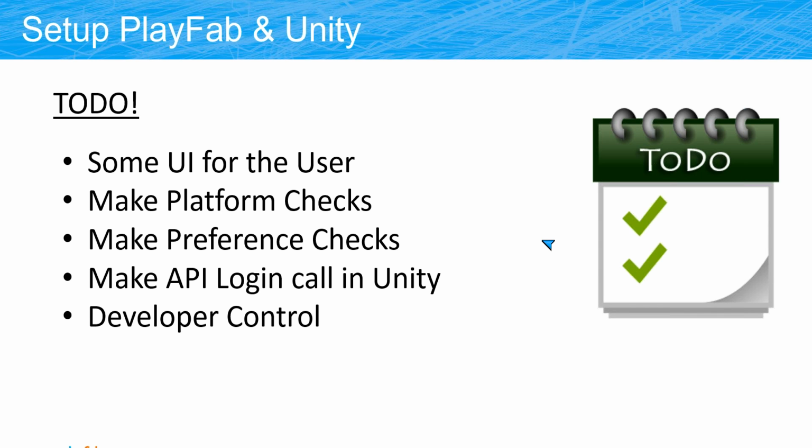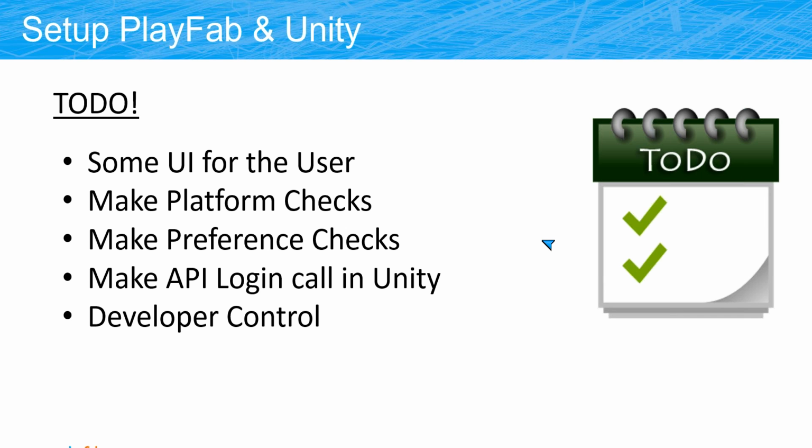So that'll all require some sort of UI. Another very important thing is to make platform checks for what type of authentication we're going to be doing, because PlayFab offers authentication based on iOS, Android, Steam. If you're on a PC and you have a web game, we allow you to authenticate through Congregate. We support the PlayStation Network, and there's a lot more. So we're going to want to do some sort of platform check to give us a basis for how we want to authenticate our player.